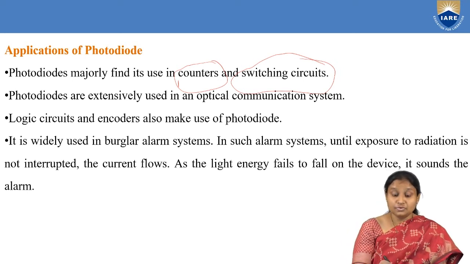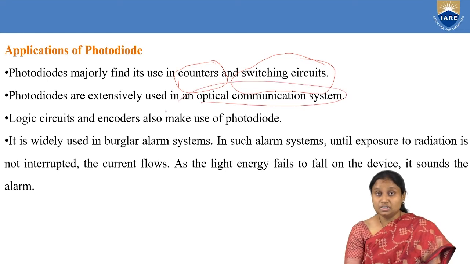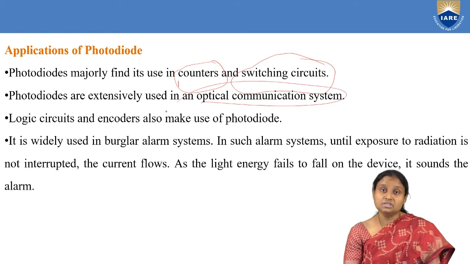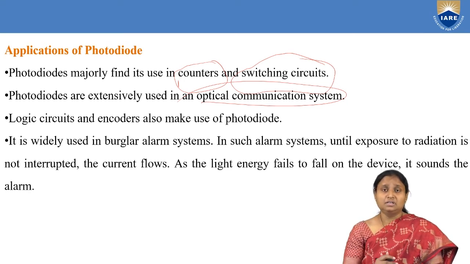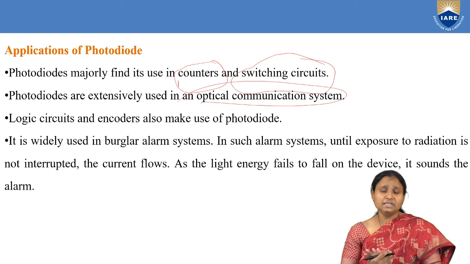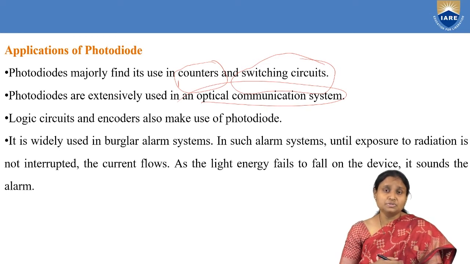Of course, these photodiodes are also used in optical communication systems. When we are sending information through optical fibers, our information has to be in optical form. So before the optical fibers, we go for a light source, which is going to convert any type of information into light form.